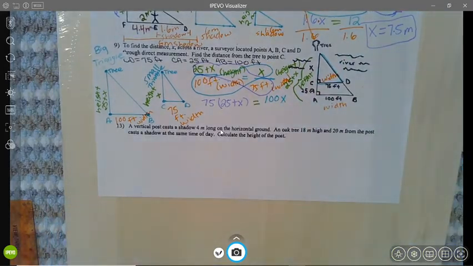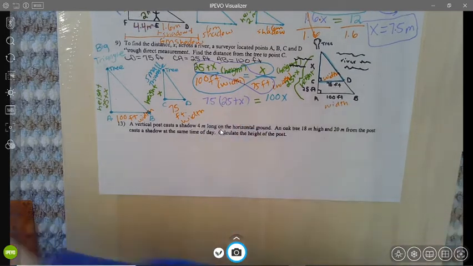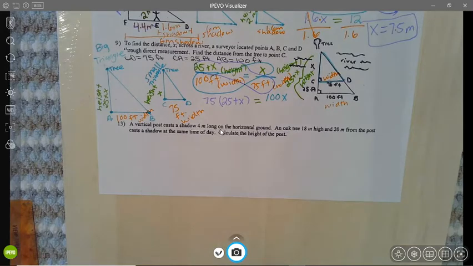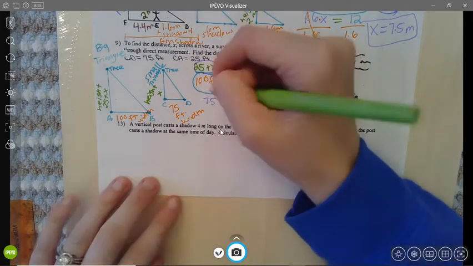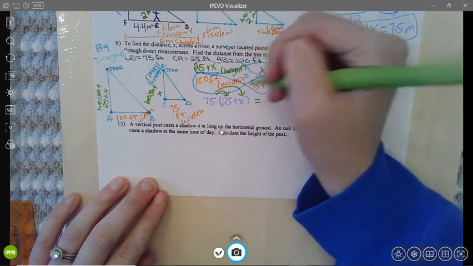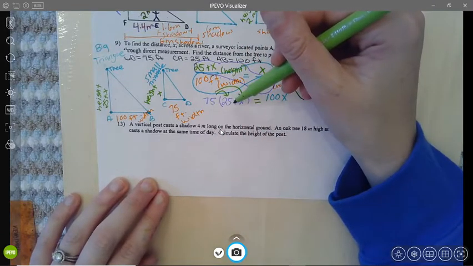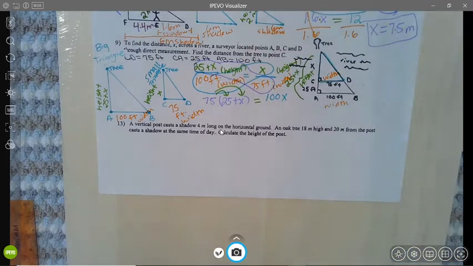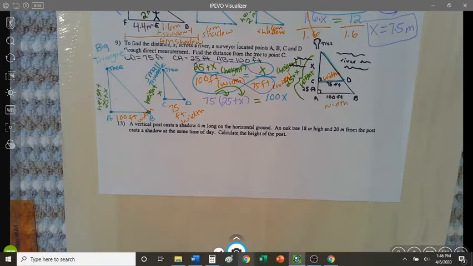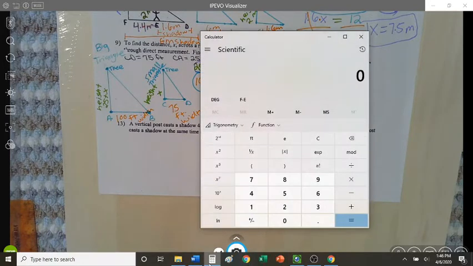From here, we just solve for x, you guys. So how do you deal with a number outside of a parenthesis? You would distribute it. You guys are so smart. So I'm going to distribute 75 to both of these numbers. 75 times 25 is going to be a very large number. Since we're dealing with very big numbers and sometimes decimals, if you'd like to use a calculator, it is okay in this situation.